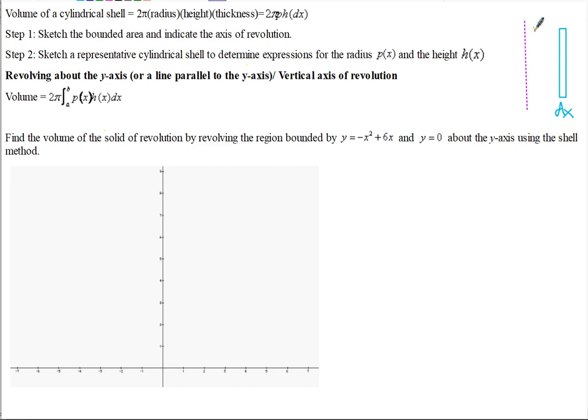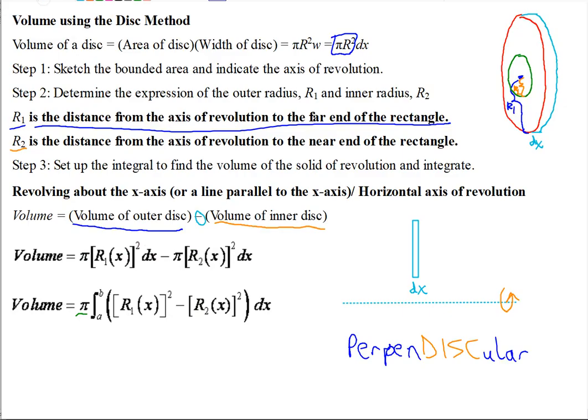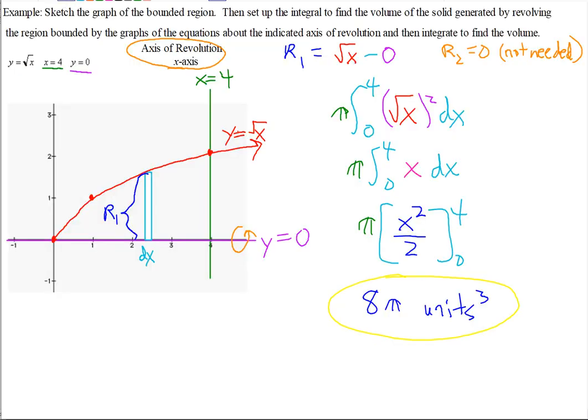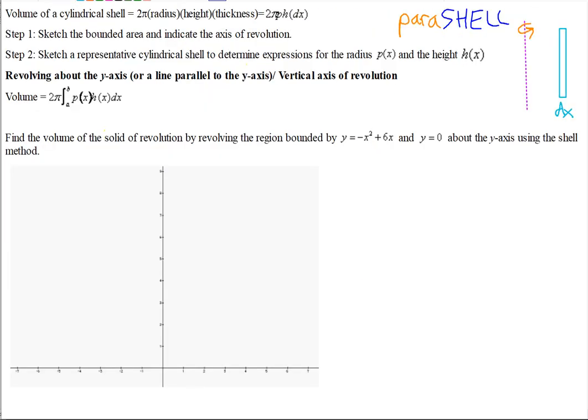So folding around something like that. You can remember para, or parallel, but remember parashell. So that's when we use the shell method. Because the wording of these questions look very similar, it's all based on how the rectangle and axis of revolution are oriented. If they're parallel, shell method; if they're perpendicular, disk method. Otherwise, these problems could be worded pretty much identically.